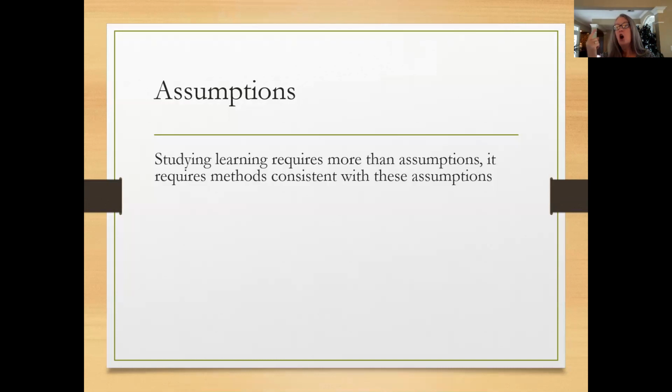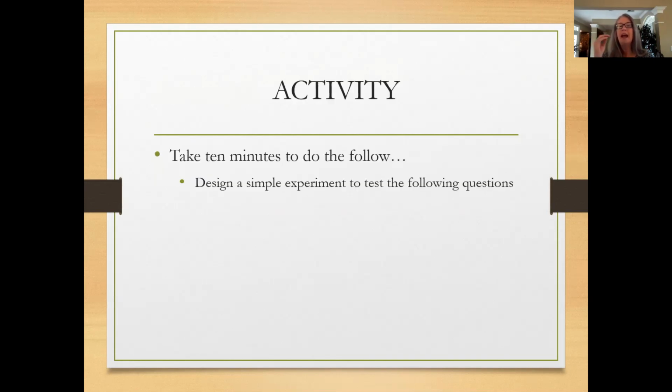Now, knowing that everything that you're going to learn this semester, we know from using research methods that psychologists use that rely on these 4 assumptions, it's important that you also give some thought, real careful thought, to how we actually measure learning.